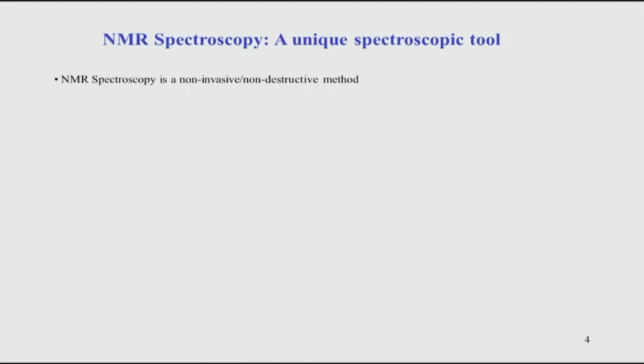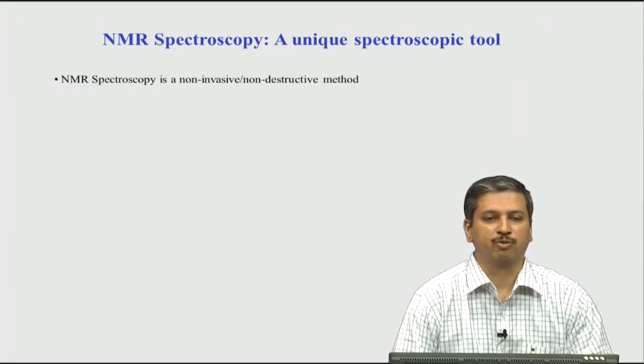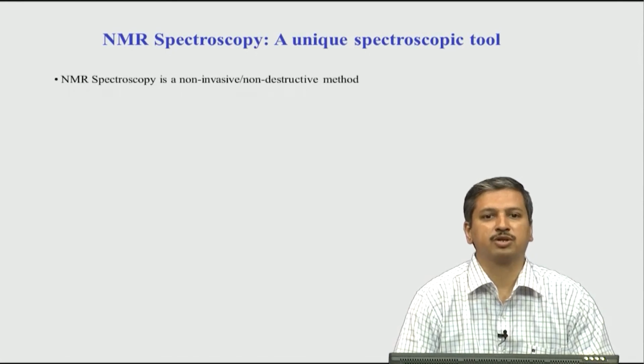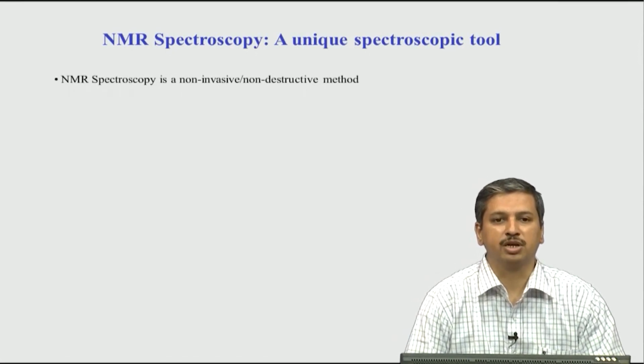So, why is NMR such a unique tool? This is what we will see now in the next slide. It is a very unique spectroscopic tool among all the other techniques which you might be aware of. The first and foremost is that NMR spectroscopy is a non-invasive and non-destructive method. What does this mean? If you take a sample of your compound, of your molecule, and record NMR data on that, you get back the sample intact.